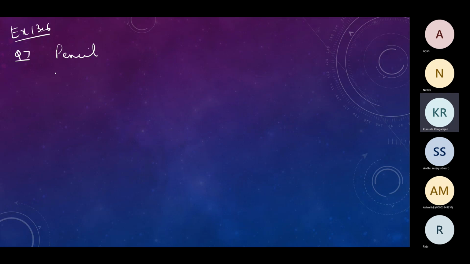Ma'am, in my book, after exercise 13.6, after the fourth sum, the next page is completely blank. So I don't have any questions after that, ma'am. Okay, I'll share the picture on WhatsApp. Just hold. I'm sending the picture.